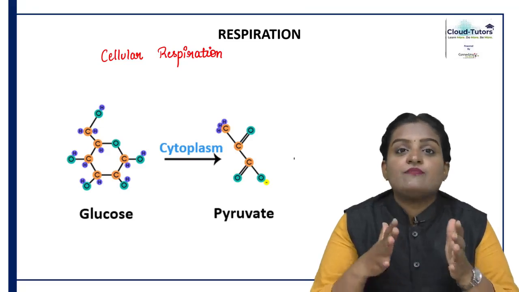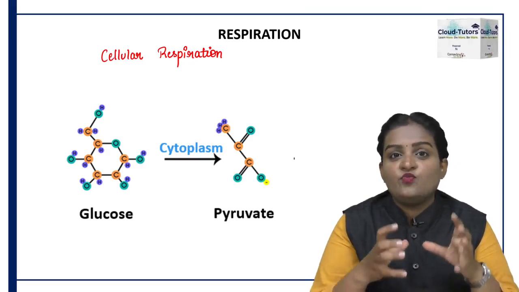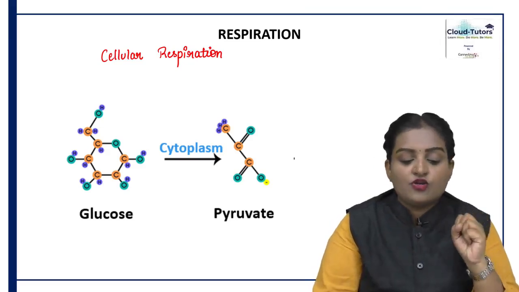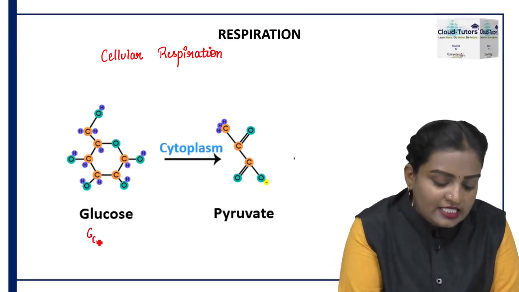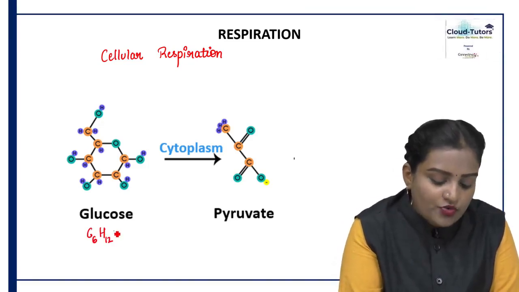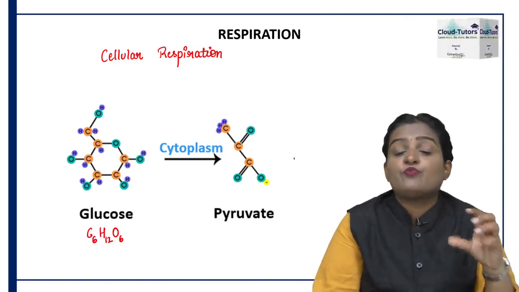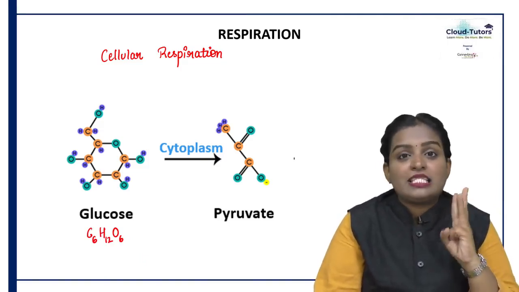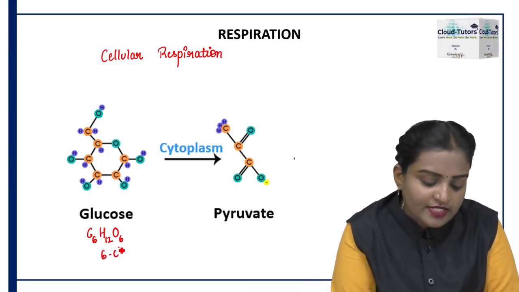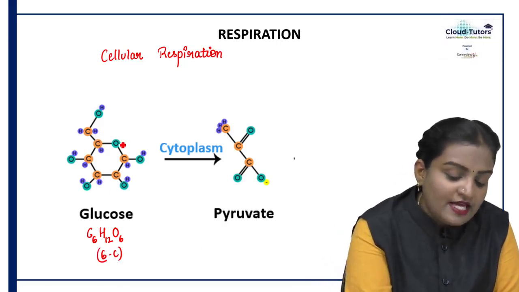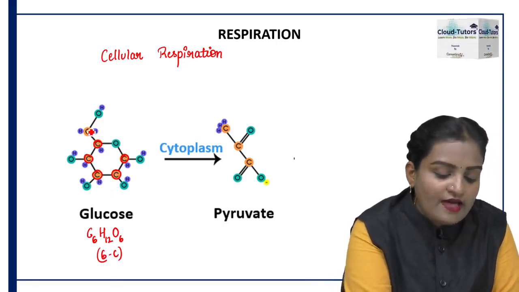So first, the main raw material, or the main substrate here, will be glucose. Glucose, we know, is a 6-carbon compound, that is C6H12O6. This 6-carbon compound is broken down into a 3-carbon compound, that is pyruvate. As you can see here, we have 6 carbons, 1, 2, 3, 4, 5 and 6.